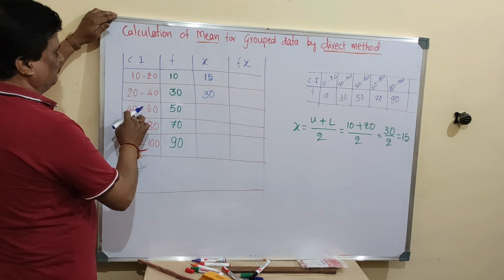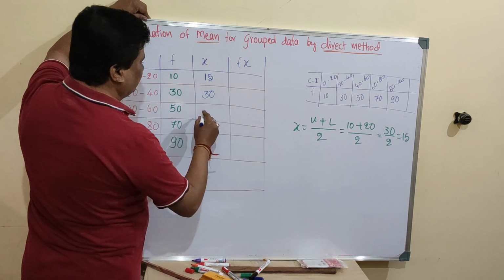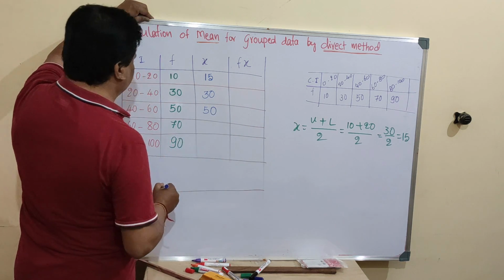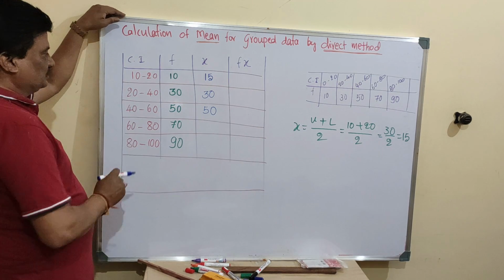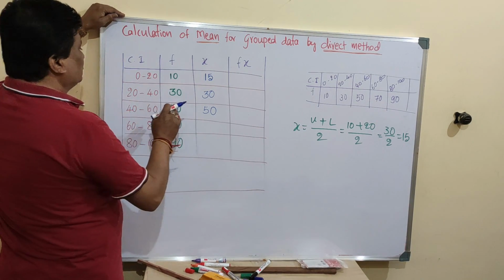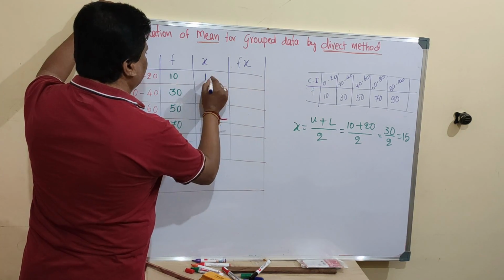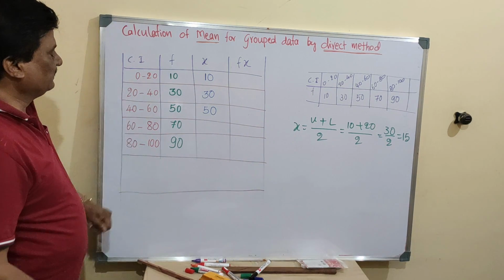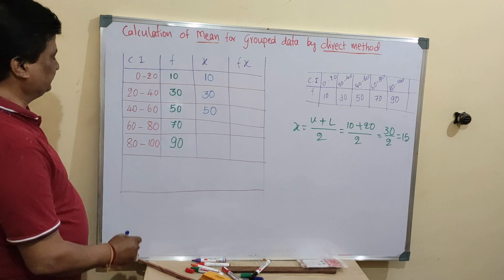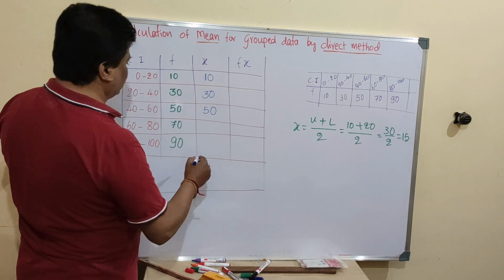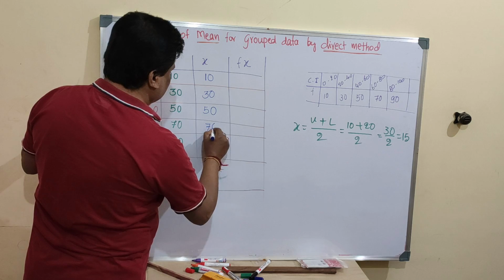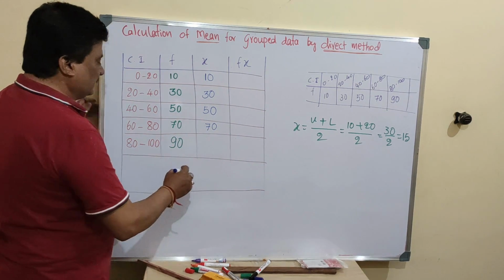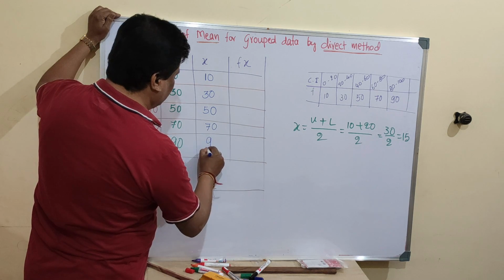For 40 to 60, 40 plus 60 is 100, divided by 2 we get 50. For 60 to 80, 140 divided by 2 is 70. For 80 to 100, 180 divided by 2 is 90.